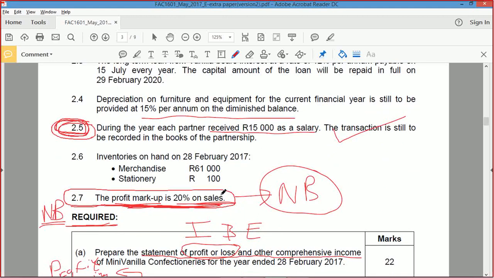Yes. Okay, do I need 2.6? Inventories on hand. Yes, you will. Of course I will. Okay, if it's inventory on hand, how am I going to adjust?